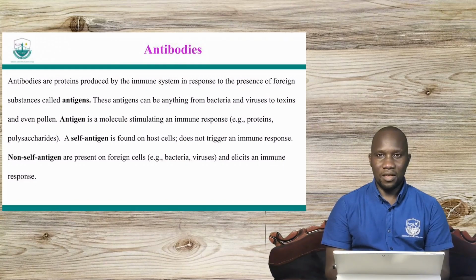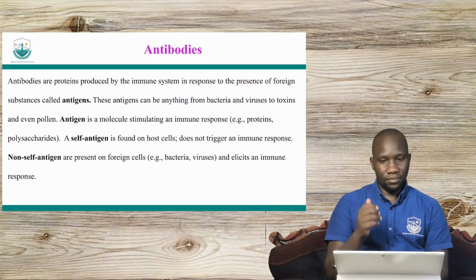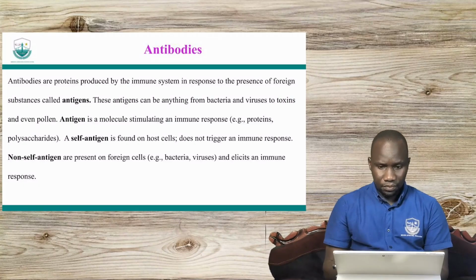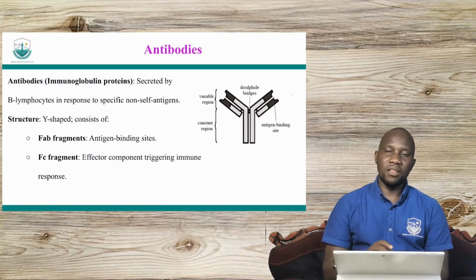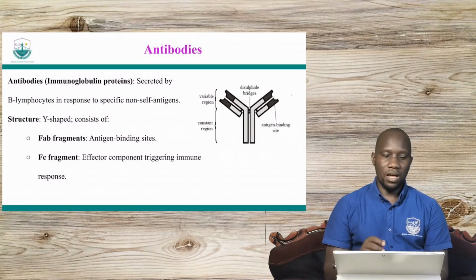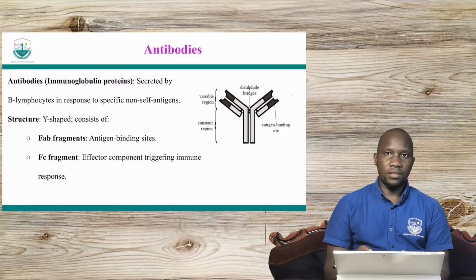It's the same thing here: yes, we talk about antigens, but there can be antigens on normal cells, and we call them self-antigens. Okay? So they do not trigger any immune response. So any non-self antigen is what triggers the immune response. Okay, so the bacteria, the fungi, viruses all have these non-self antigens.